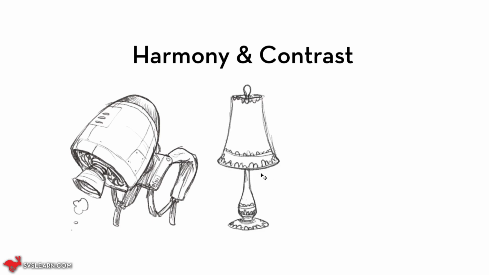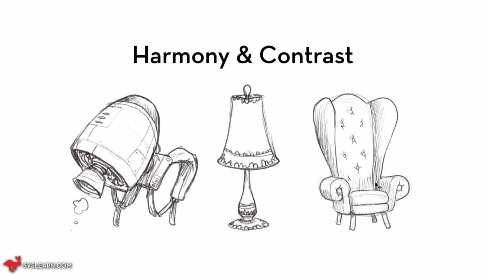Looking at the lamp, we also have harmony in that this shape up here harmonizes with this shape down here. They're not exactly the same, but they have some of the same curvature to them. But then there's contrast between these thin shapes and this wider, bigger shape of the lamp as well. And then in this chair here, we've got harmony where these little buttons that hold the padding in, I guess that's how chairs work, are harmonizing with the bigger ones here in the handles.